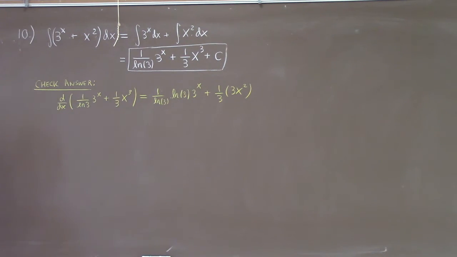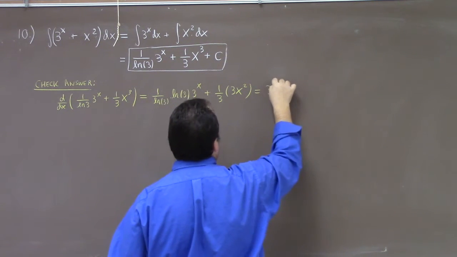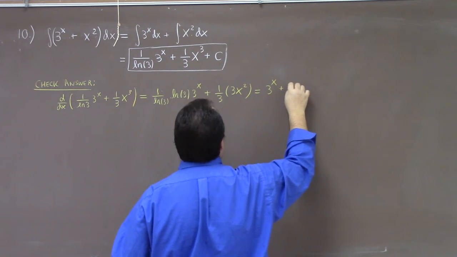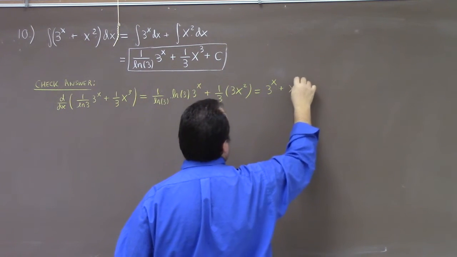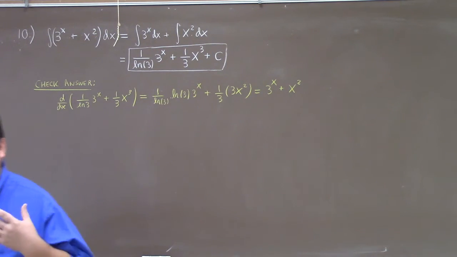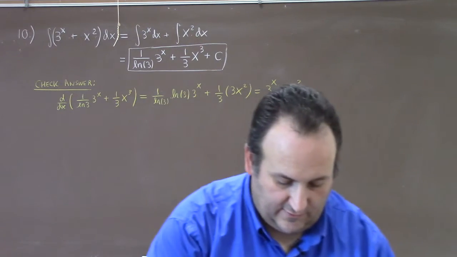But you see what happens, the 3 and the 3 cancel, the log 3 and the log 3 cancel, and we're just left with 3 to the x plus x squared, right? That has to happen if you have integrated correctly.